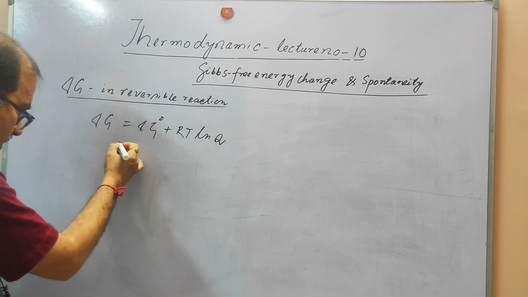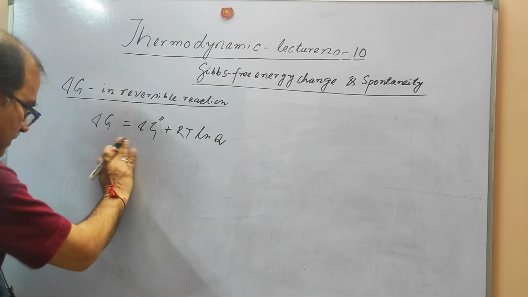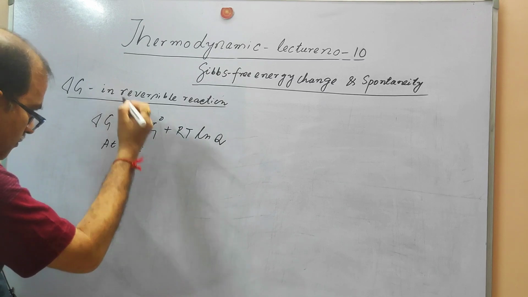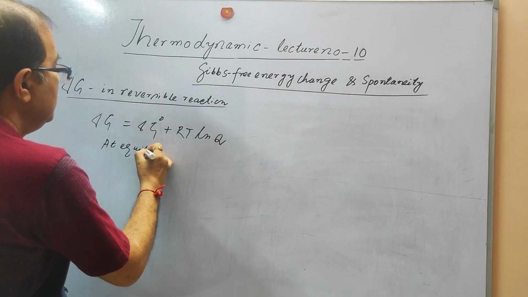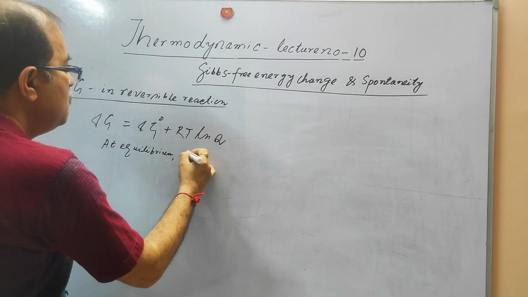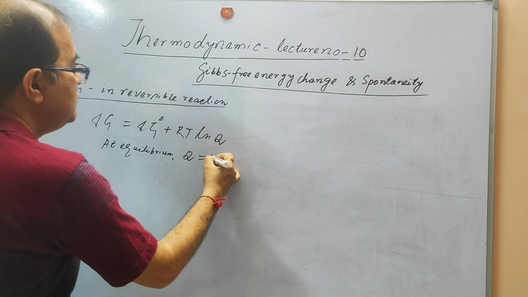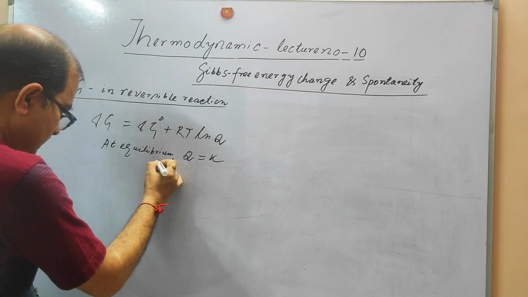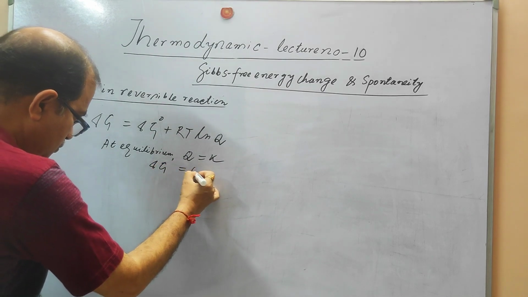So, what is going to happen to Q at equilibrium? At equilibrium, Q, the reaction quotient, is equal to K, the equilibrium constant. And at that time, delta G is equal to 0.